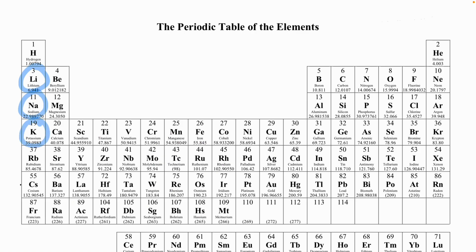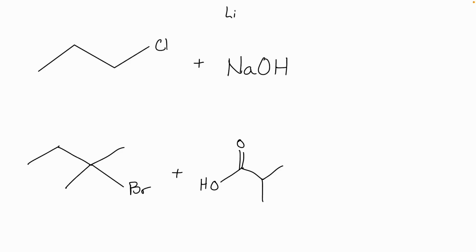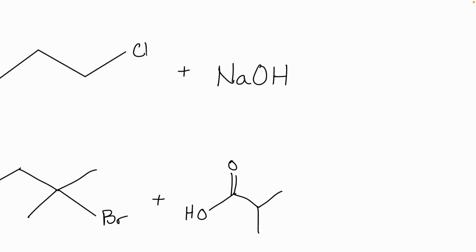Lithium, sodium, potassium, rubidium, cesium, okay? These are all what are called counter ions. So when I see something like sodium hydroxide, for example, in my mind, I immediately erase that sodium and put in a negative charge, all right? In sodium chloride, the sodium ion is a counter ion.